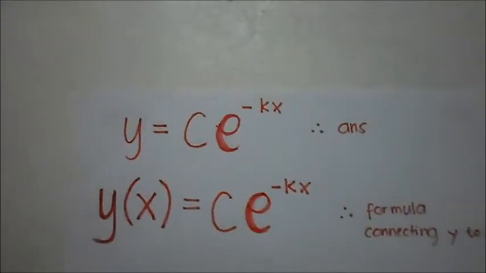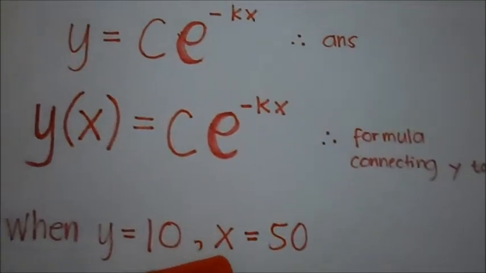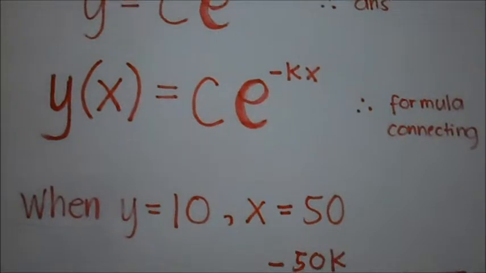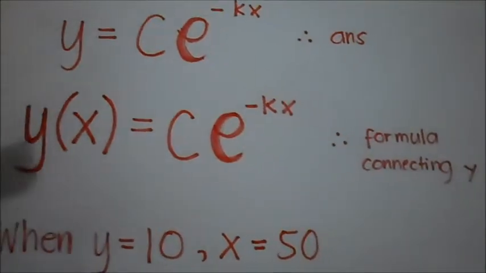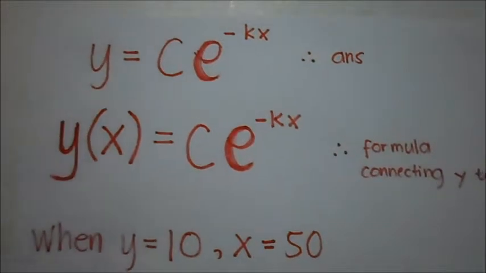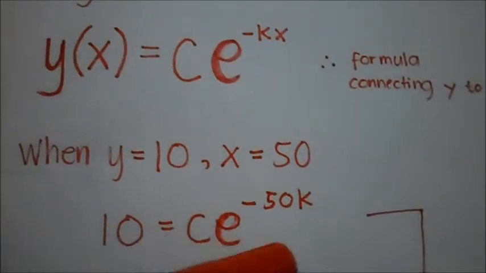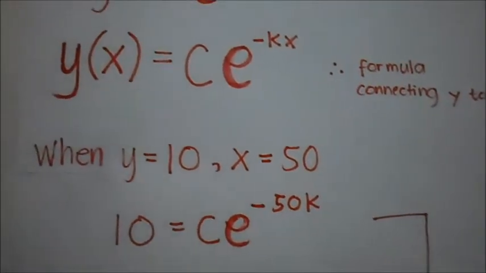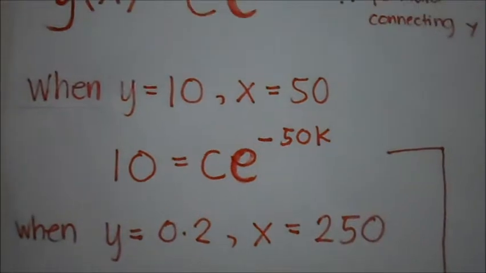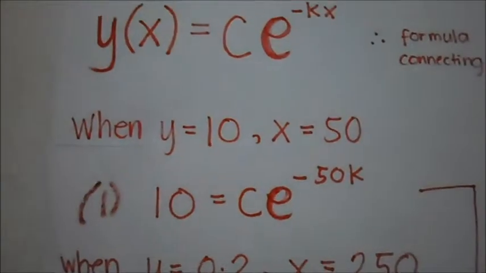To completely solve the problem, when y is equal to 10, x is equal to 50. Substituting these values, we get 10 is equal to c e raised to the power of negative 50k. This will be the first equation.